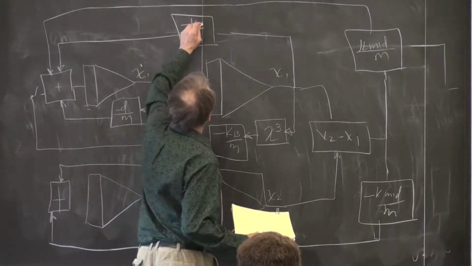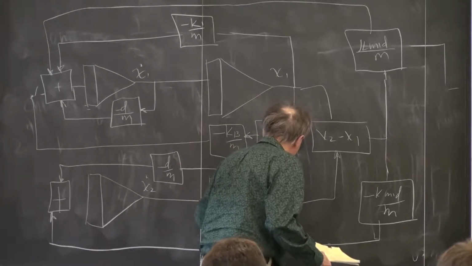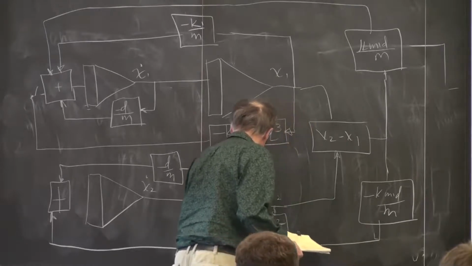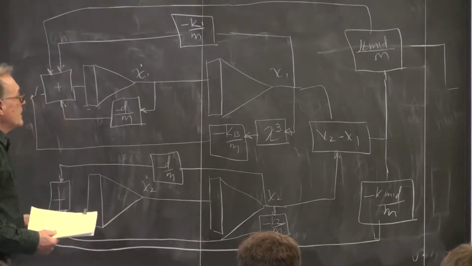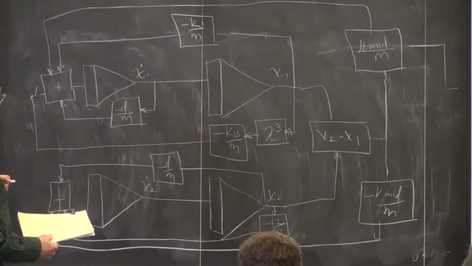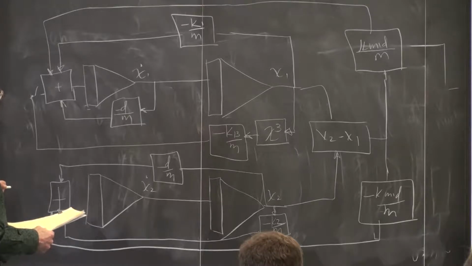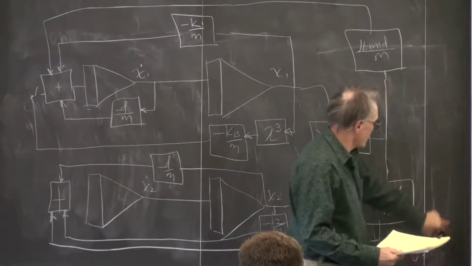Oh, this is K1. Then we have to have minus K2 over M here. And is that everything? That's just a spurious random mark there.